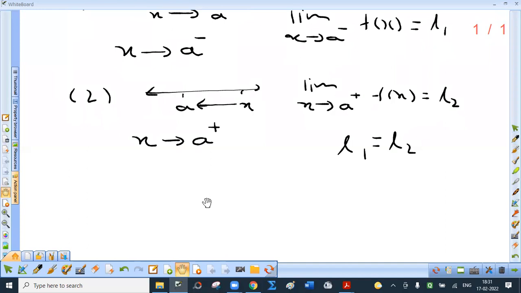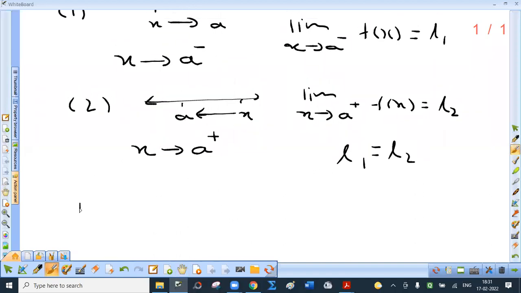So how can we now define continuity? A function f is said to be continuous at a point x equal to a if, number one, f(a) exists. This has to. Otherwise, there is no point in discussing continuity at that point.